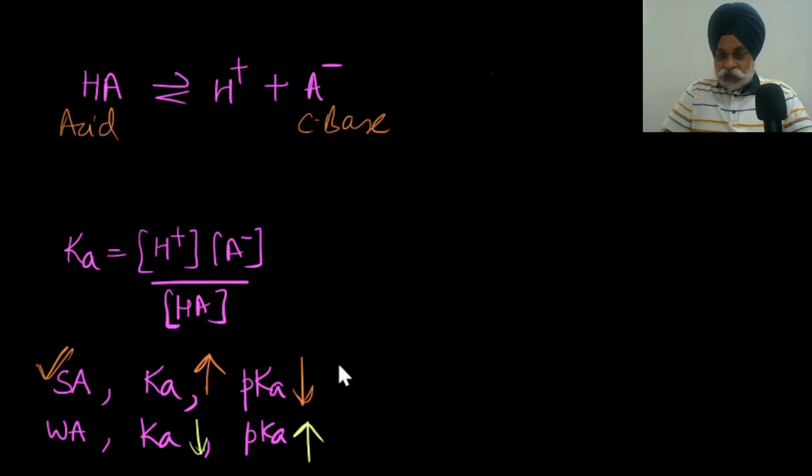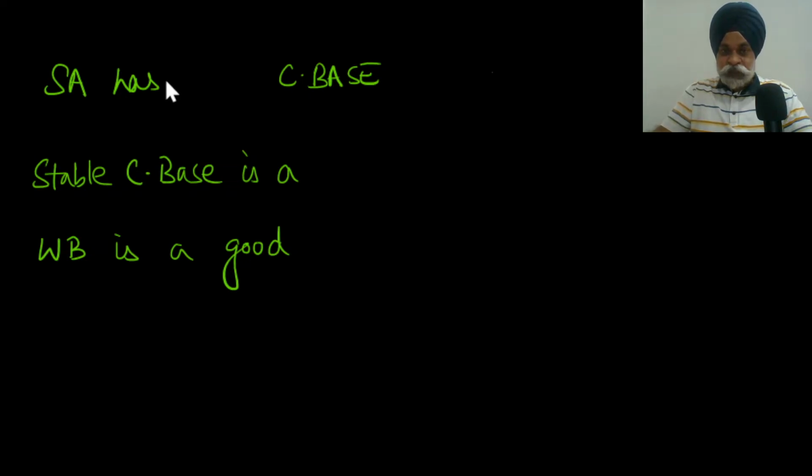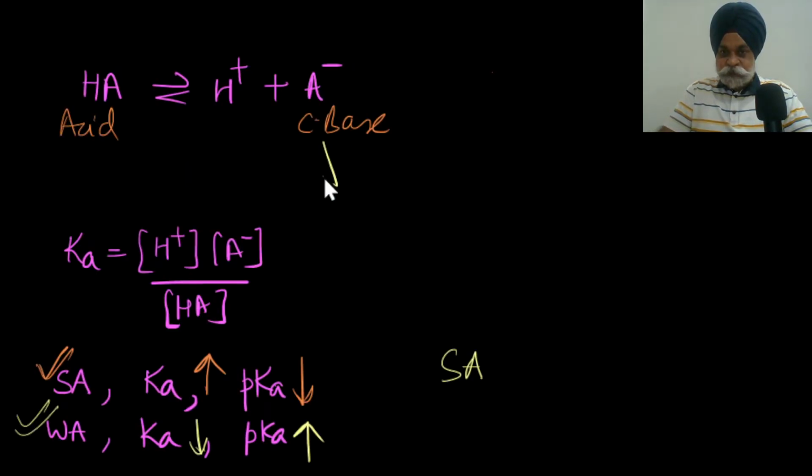I know for sure you are aware that, in a conceptual way, a strong acid has a stable conjugate base. If this entity is stable, this equilibrium would be forward driven, so we will be saying it's a strong acid.